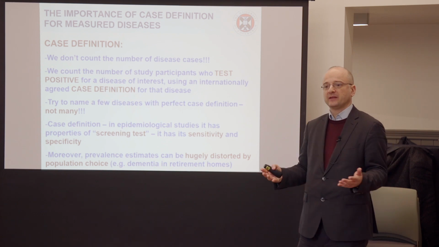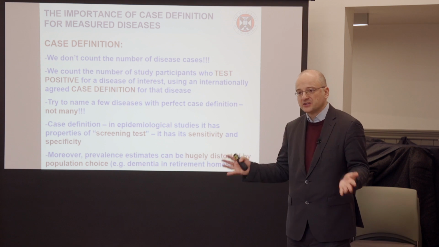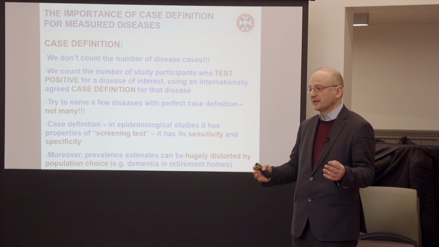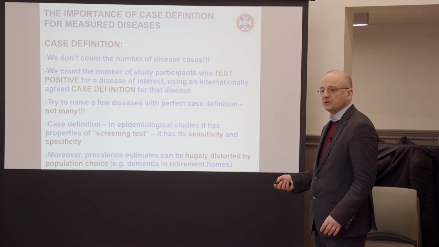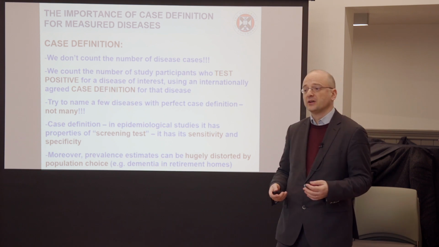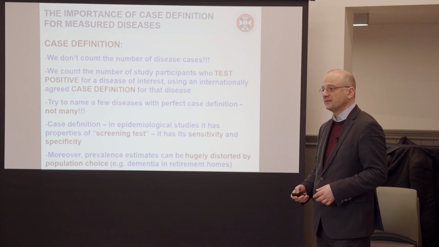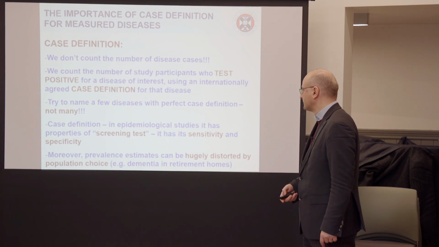So if the dementia prevalence in the 75 plus population is maybe 10% in the general population, in a retirement home it may be 30 or 40%, far more. So there is an enrichment in prevalence. You need to make sure that when you're studying prevalence, you don't fall into this trap where there is enrichment of the cases for any reason, or where there may be depletion of the cases for some reason, right?